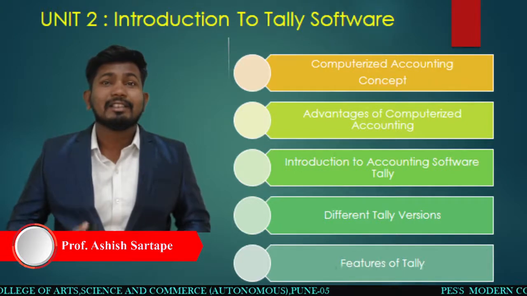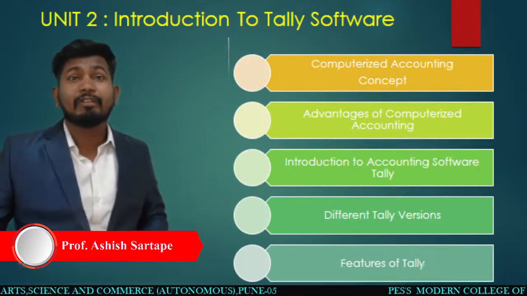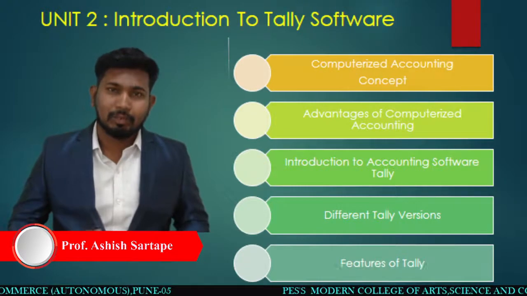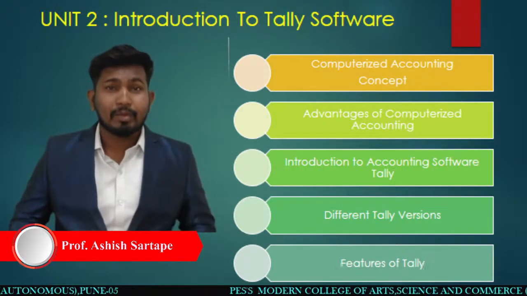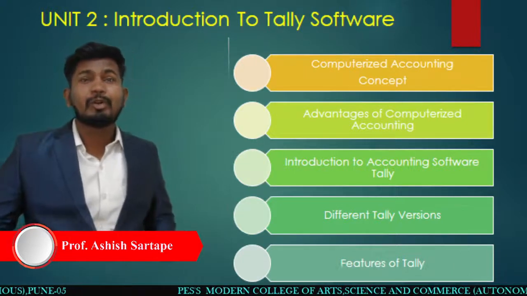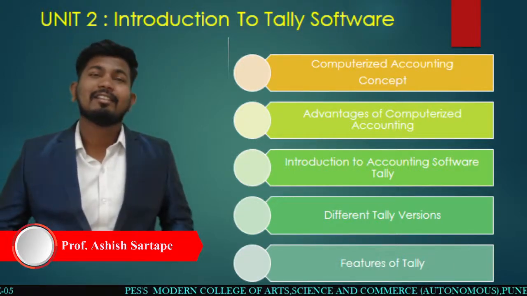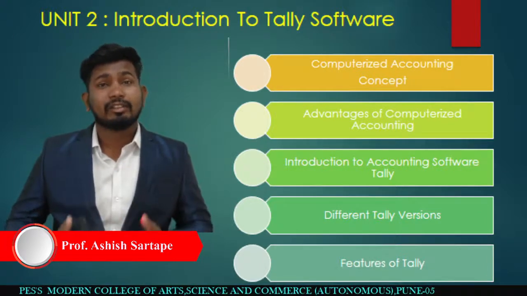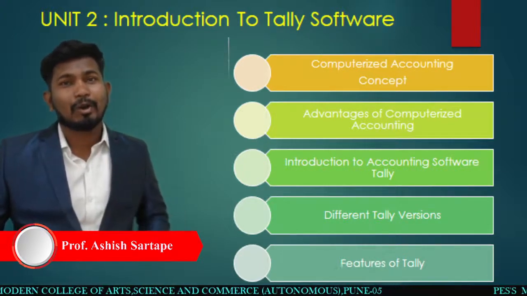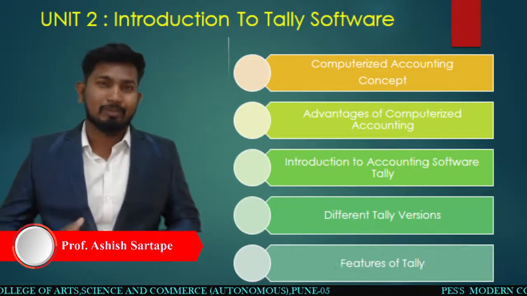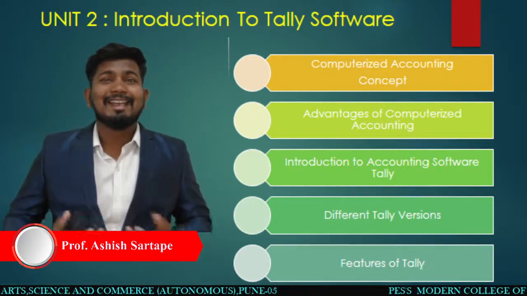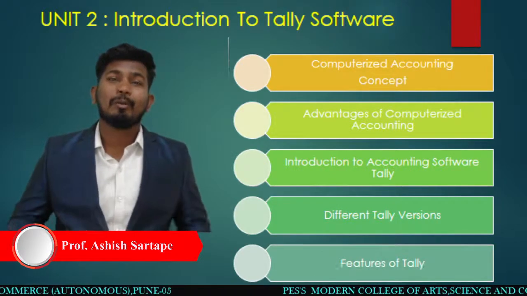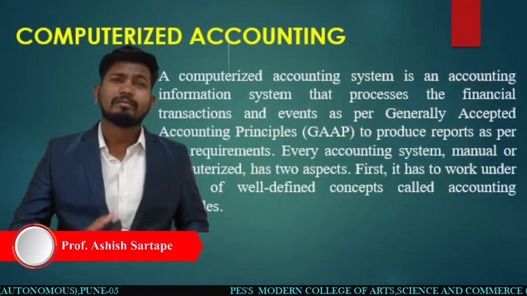And third, the difference between human accounting and computerized accounting. In Part B, we cover introduction to accounting software Tally, then different Tally versions, and third, features or characteristics of Tally software. So let's start with the first point, which is the computerized accounting concept.